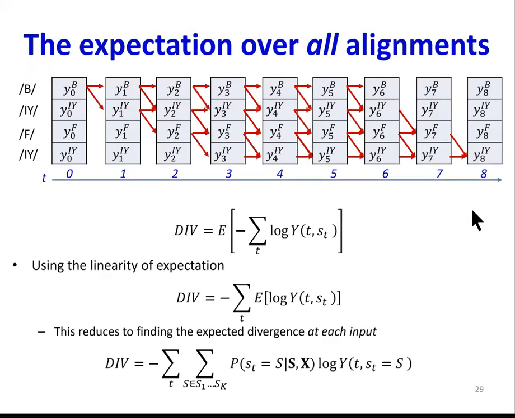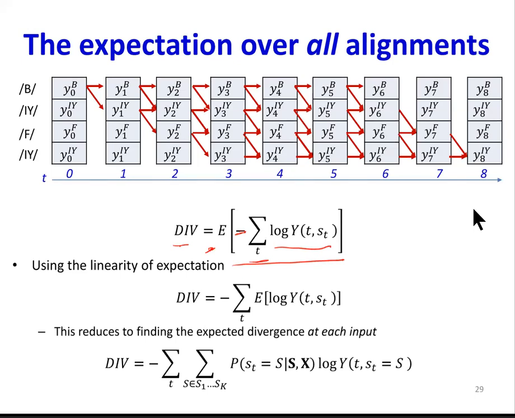Now, how do we go about doing this? Remember, we want to compute the expected divergence over all alignments. But the divergence for any individual alignment was simply the negative of the sum over all time of the log probability of the aligned symbol at each time.